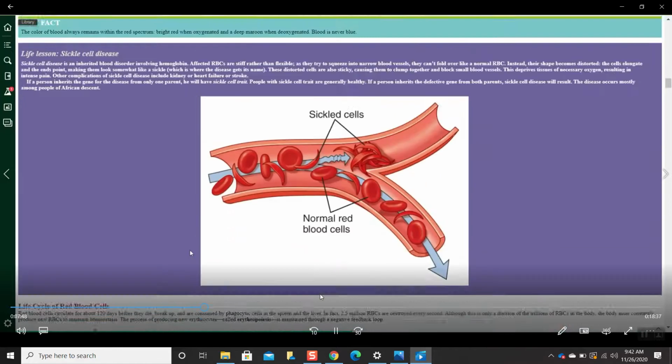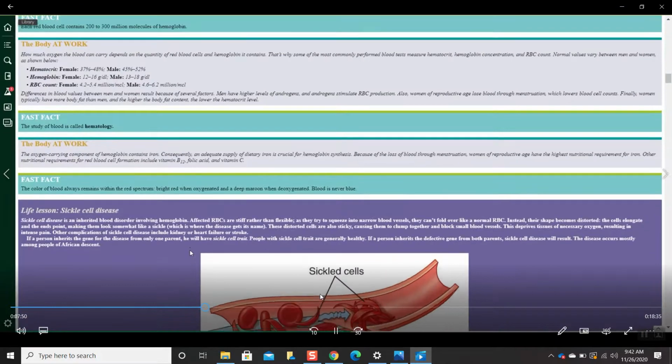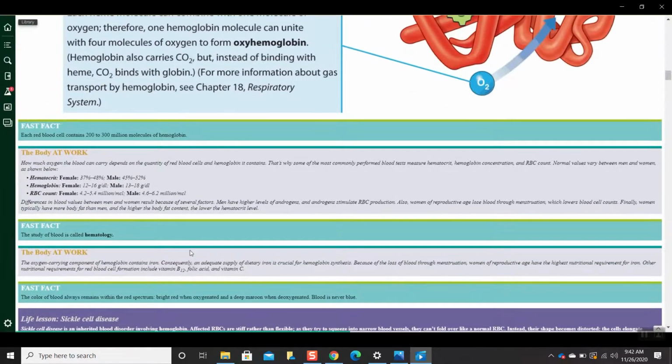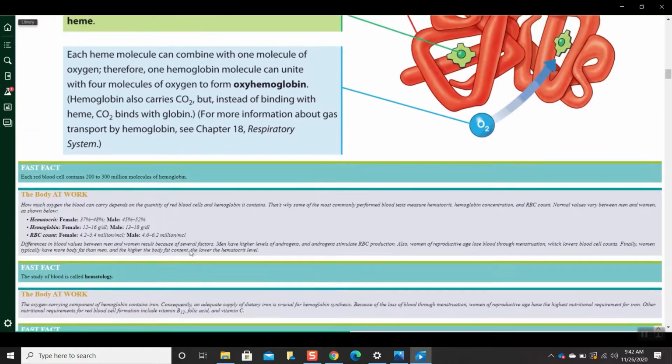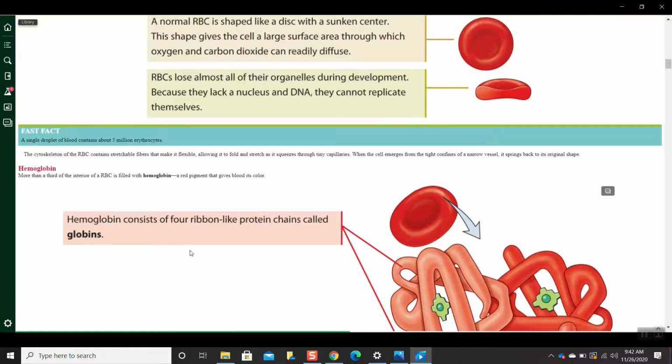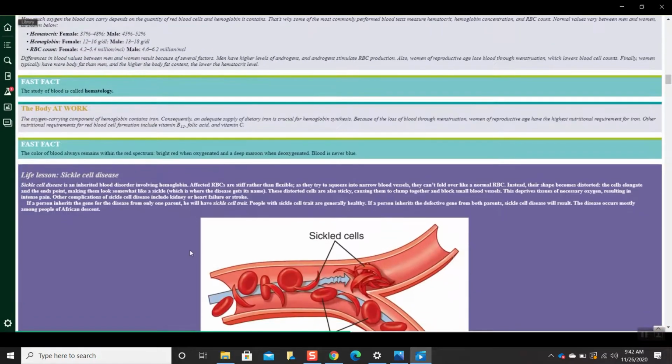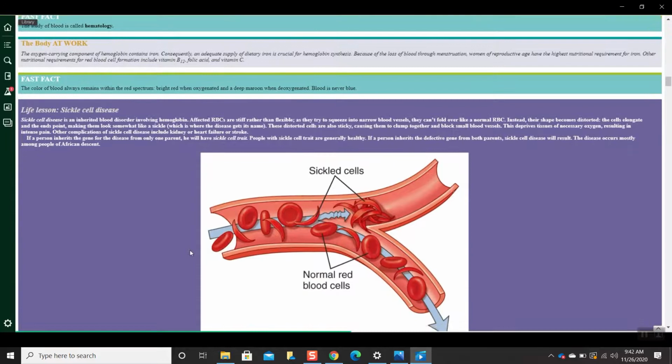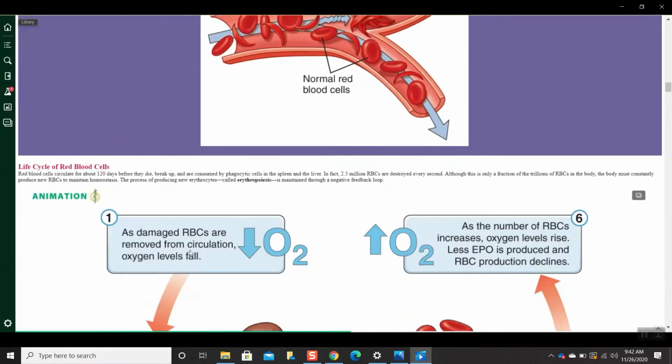And then red bone marrow. You need to know that it's formed in the long bones and the irregular bones like the sternum.